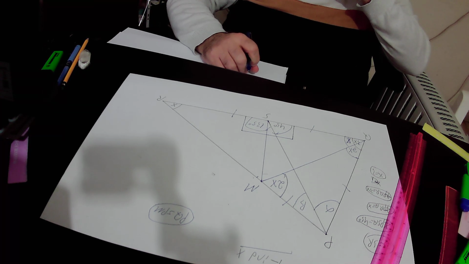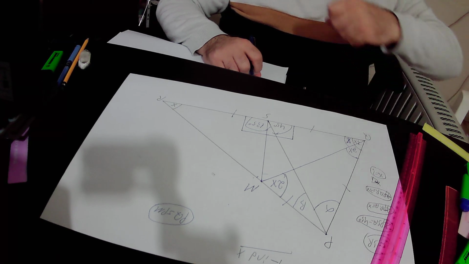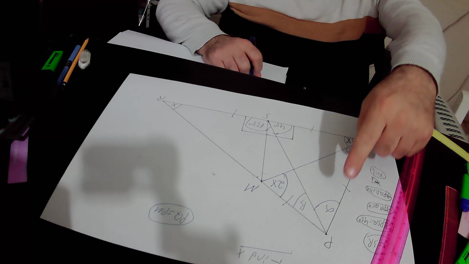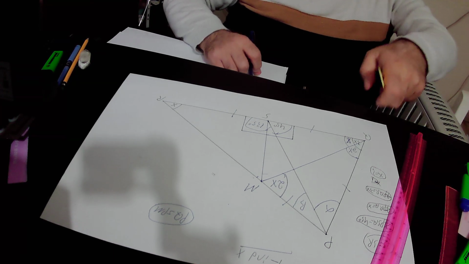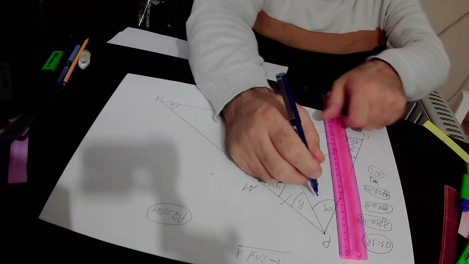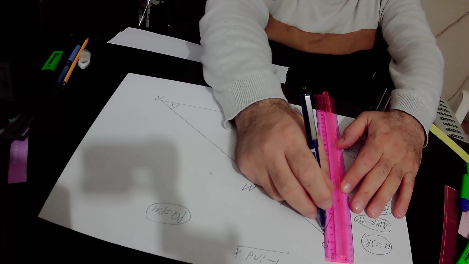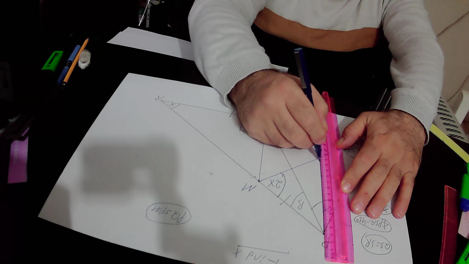First of all, from point P we will draw a perpendicular to QM. That is to say, this angle will be equal to 90 degrees and this angle also will be equal to 90 degrees.